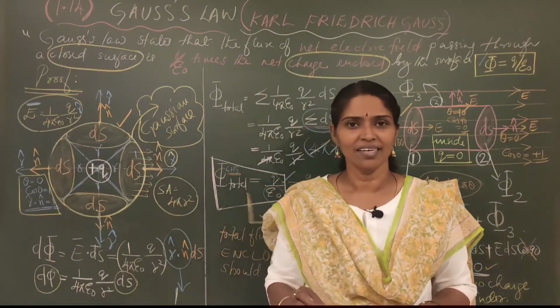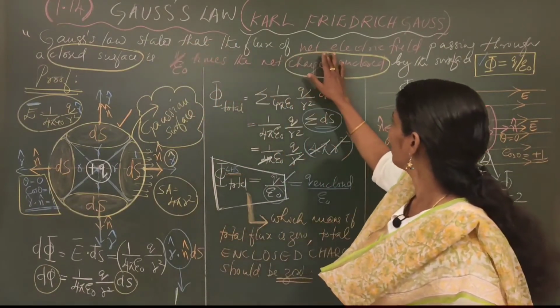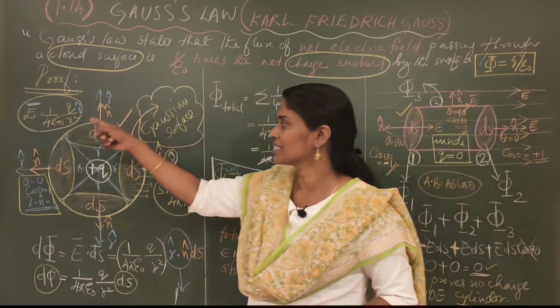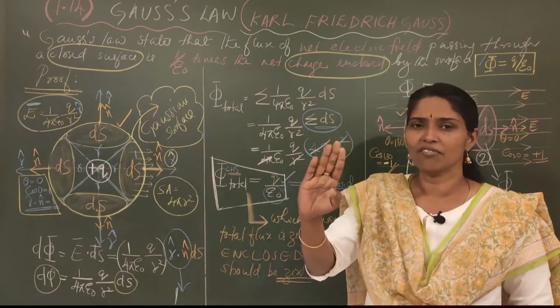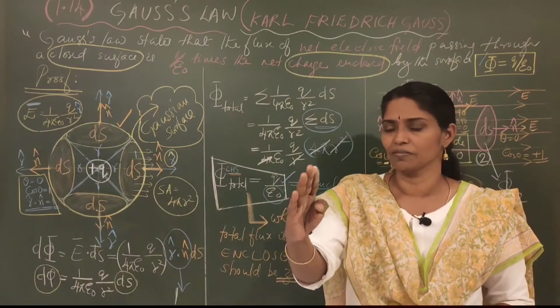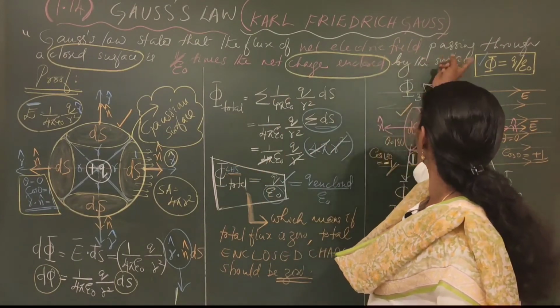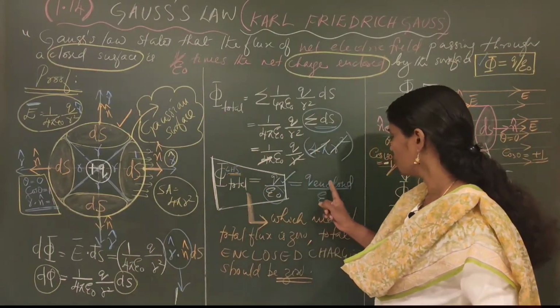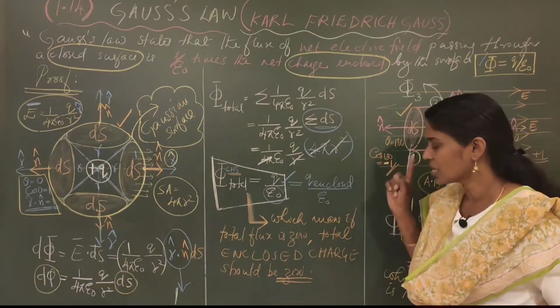Hope it is clear. Now come back to Gauss's law once again. Gauss's law states that the flux of the net electric field, around this you have electric field, we have calculated net electric field, taken the net flux, not electric field, net flux of the electric field we have taken through the closed surface, and that will be equal to 1 by epsilon naught times total charge enclosed.